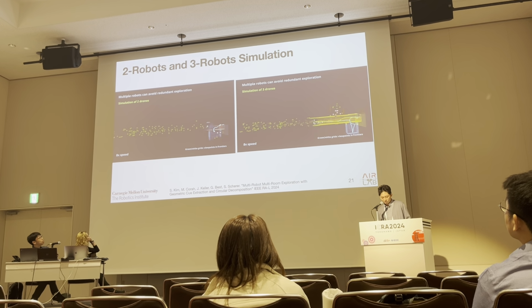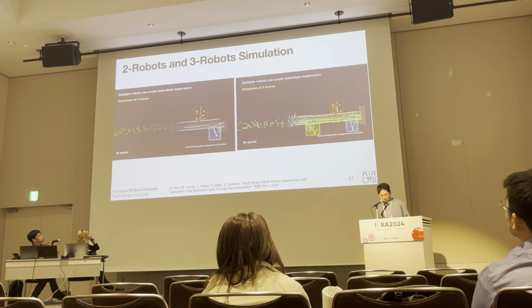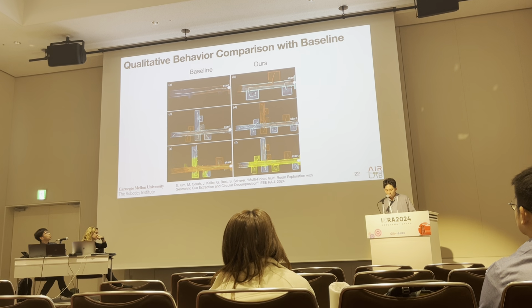As you can see in this video, each robot goes to each room, finds doors, goes into the rooms, observes the rooms, and they also avoid redundant exploration. If you compare the qualitative behavior between the baseline and our method, our method is good at detecting doors and going into the rooms, while the baseline often goes straight and just uniformly increases the coverage.